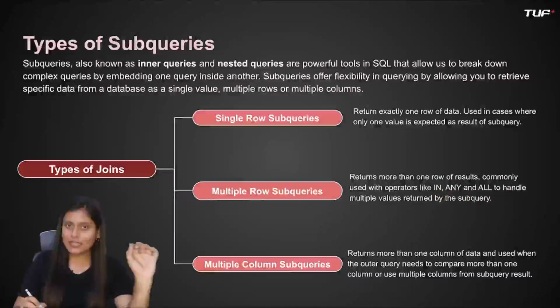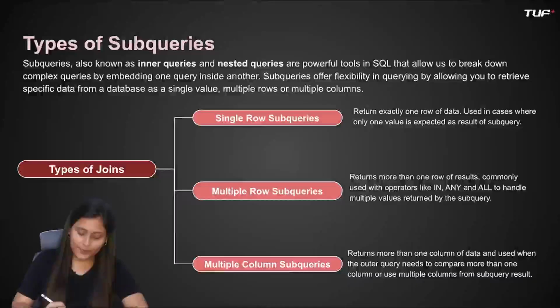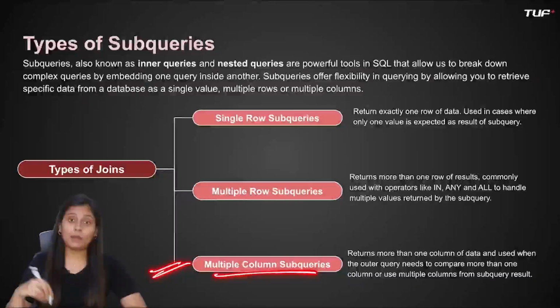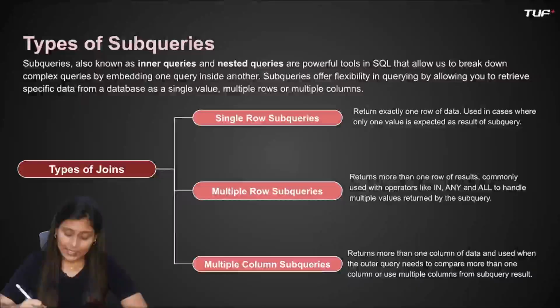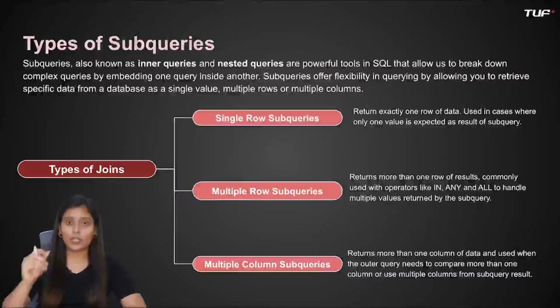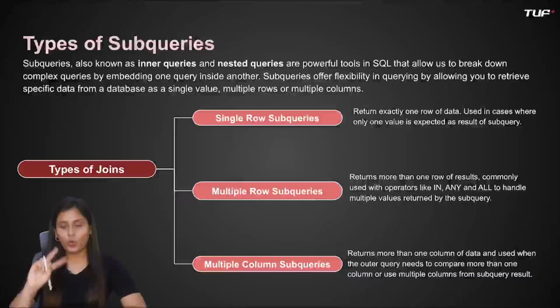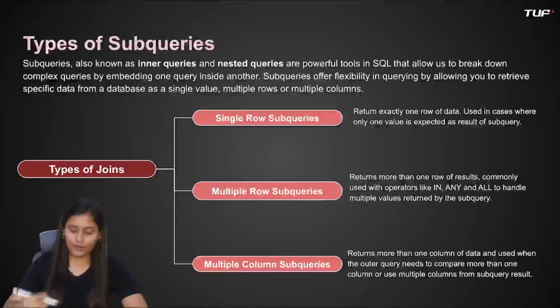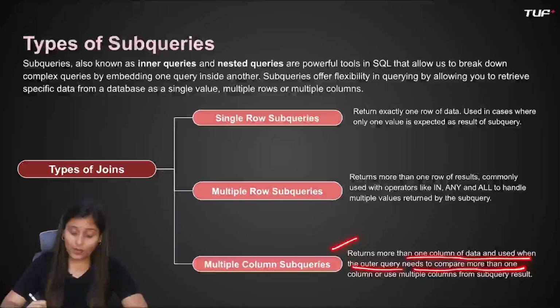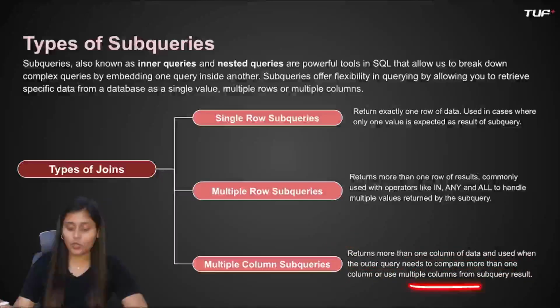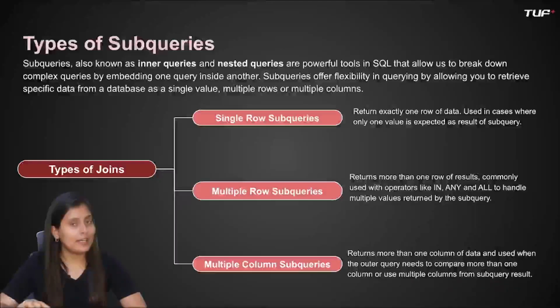How, we'll see in the queries in our upcoming slides. Last is multiple column subqueries. When we give only one column to match for the condition, that is the usual case. In multiple column subqueries, we give more than one column to match for the condition. So it returns more than one column of data and is used when the outer query needs to compare more than one column or use multiple columns from a subquery result.